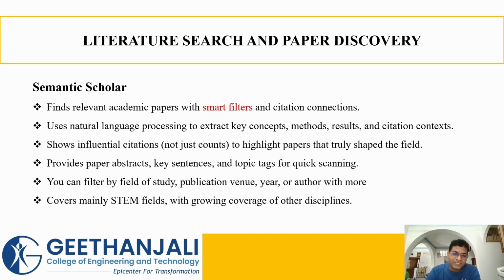It provides paper abstracts, key sentences from the article and topic tags for quick scanning. You can filter by fields of study, publication venue, year or author, and more. It covers mainly STEM fields with growing coverage of other disciplines.